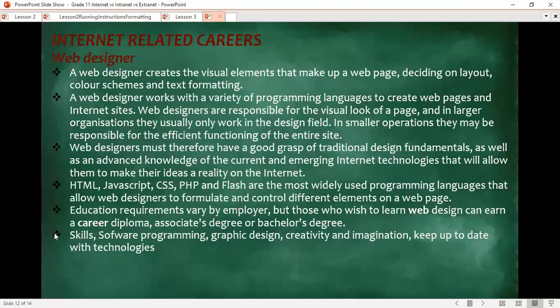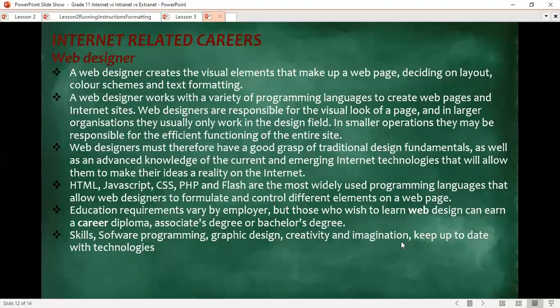And then the skills here, I was just outlining the skills as we have discussed them. So the skills are software programming, graphic design, and creativity. You need to be creative in order to create websites that will be loved by people, in order for you to get many customers.